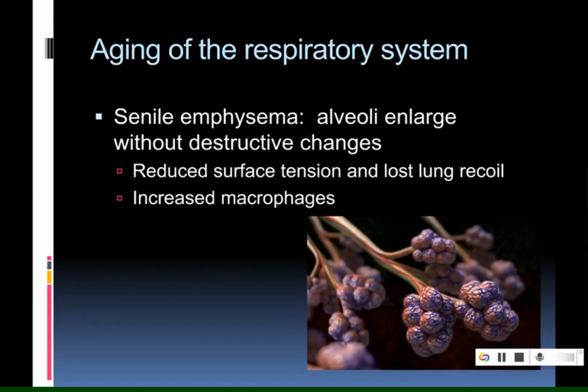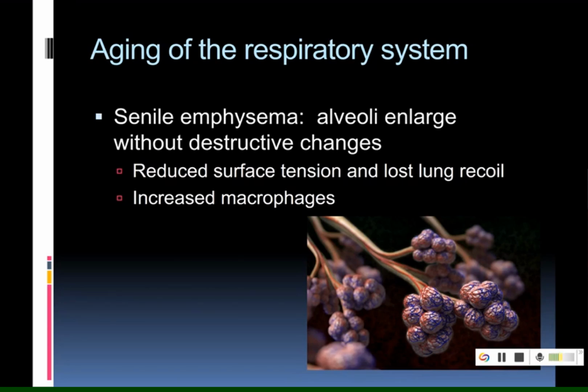Associated with the aging heart is the aging respiratory system. There's this concept of senile emphysema where the alveoli enlarge. They're not destroyed, they just become more bulbous. As a result, there's less surface tension and less recoil. Interestingly, some studies show an increased migration of macrophages.